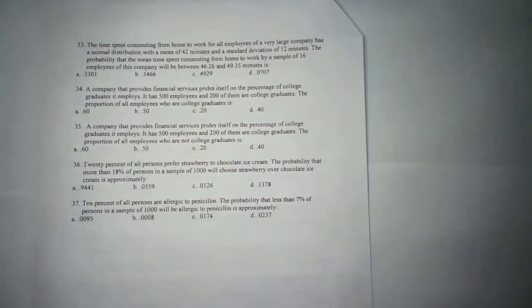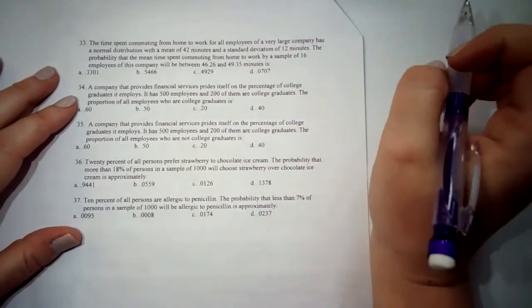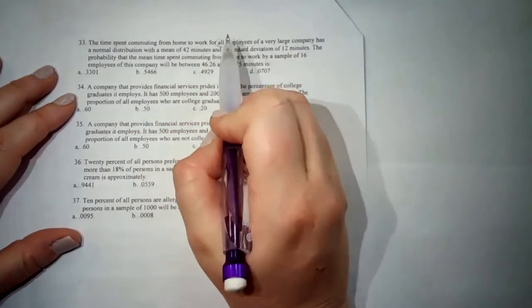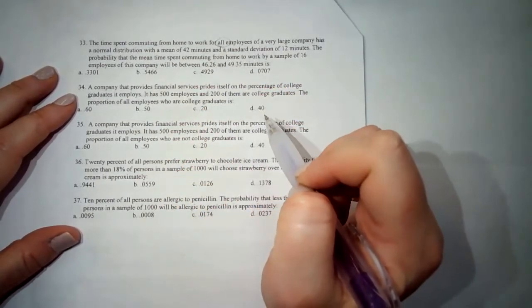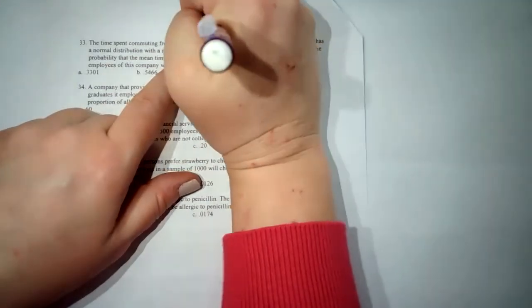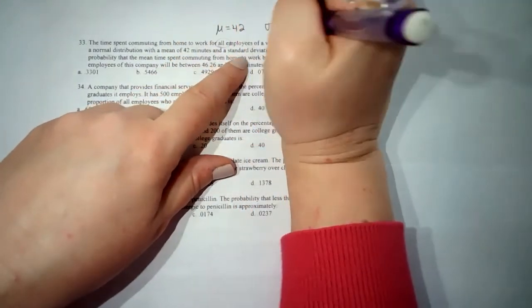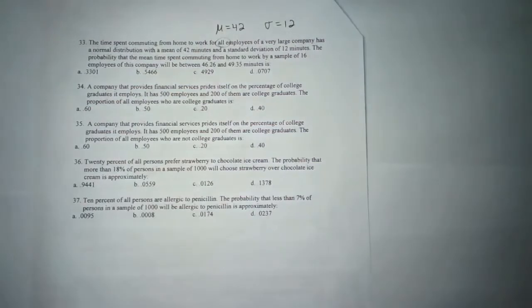Okay, so 33, the time spent commuting from home to work for all employees, I feel a population coming on, of a very large company has a normal distribution with a mean of 42 and a standard deviation of 12 minutes.